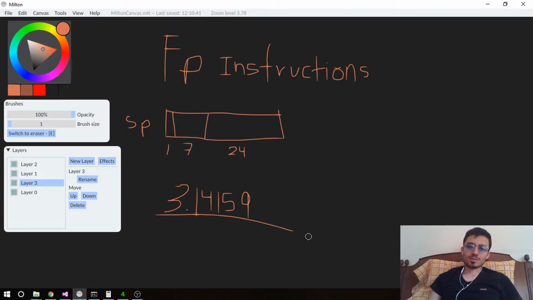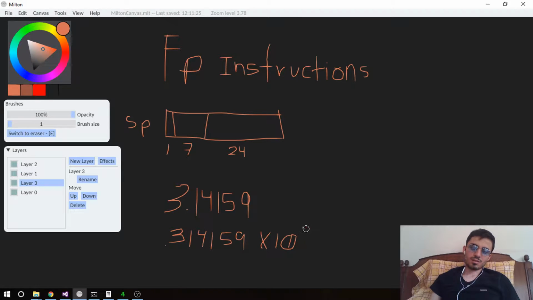This is not a normalized number because it has the integer 3. This can be represented as 0.314159 times 10 to the minus 1.